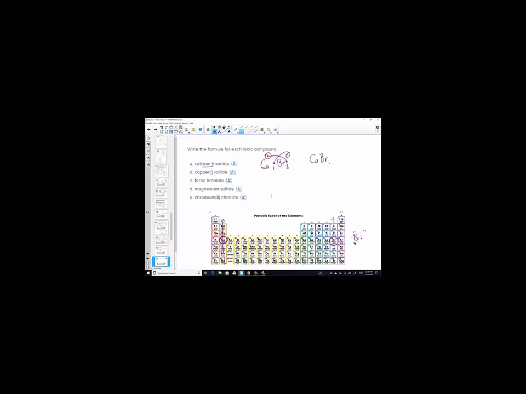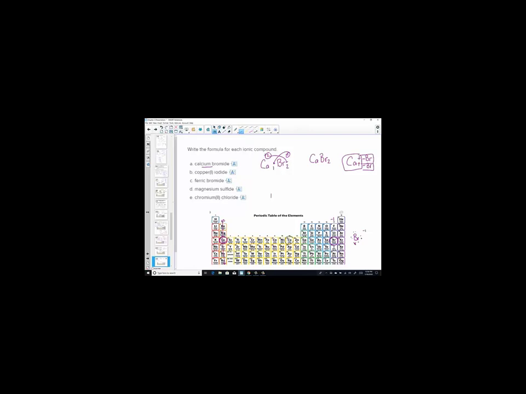Calcium bromide, CaBr2. Calcium carries a +2 charge. Bromide carries a -1 charge. I can see that for every 1 +2 calcium, I am going to require 2 units of a -1 bromide, CaBr2.